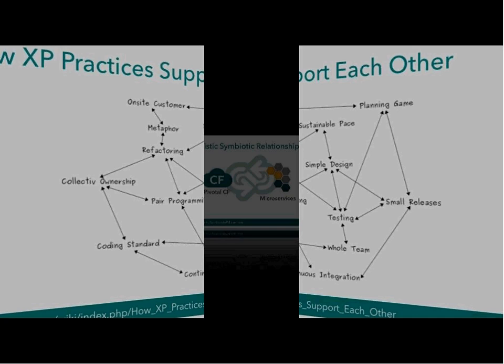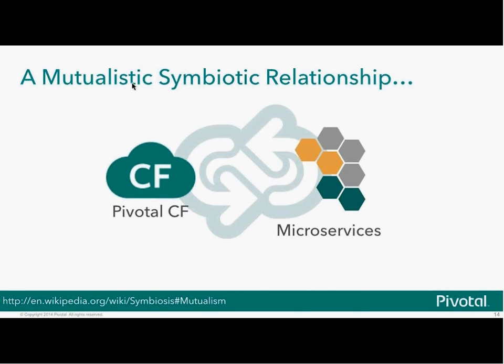And I think we find this similar relationship when we start talking about platforms like Pivotal CF, Cloud Foundry, and microservices. But neither one of these environments actually implies the other. You can deploy different types of architectures to Cloud Foundry, but as it turns out, microservices are a very natural fit for that deployment environment. At the same time, you don't have to be deploying to an environment like Cloud Foundry to do microservices.